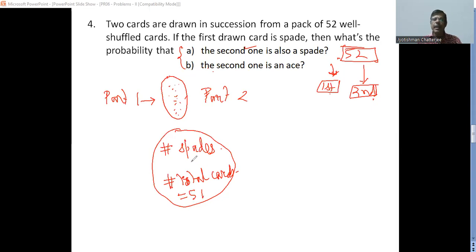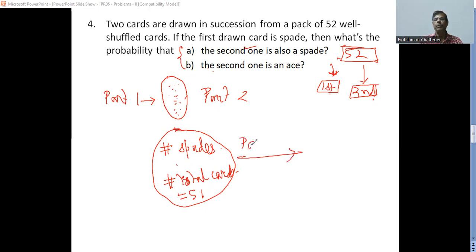And somehow, if we know after this exercise how many are remaining here, total number of spades, then it's enough to answer this question, because we only need to know this configuration after part 1. And then part 2 will be exercised on this thing.